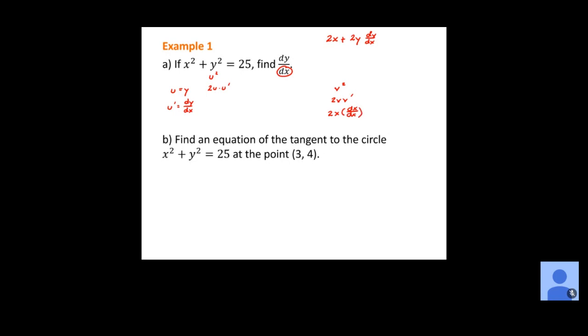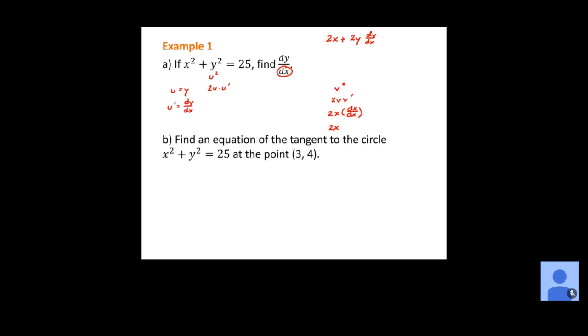Well, what's dx/dx equal to? One, right? So this just becomes 2x times 1, which is just 2x. That's why we don't need anything additional for the x terms. If it's an x term, just take your derivative as you always would. If it's a y term, though, and you're taking the derivative with respect to x, we have to remember this dy/dx piece. That's the only difference with implicit. We have to make sure we have the dy/dx if we're taking the derivative of a y term with respect to x.